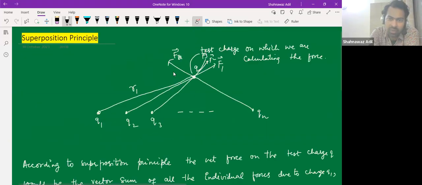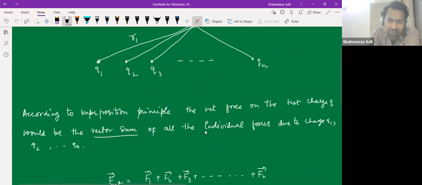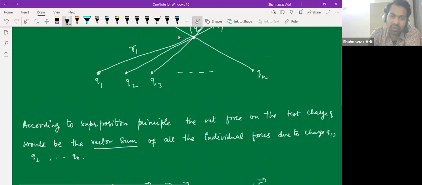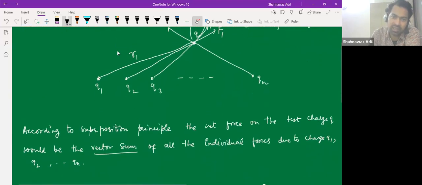So now, before we talk about the superposition principle more, we have to learn about the general properties of vectors, right? Because this is a vector sum, and the magnitude as well as the direction is important. Let's say the forces are 3 Newton, 4 Newton, 5 Newton, and 6 Newton.